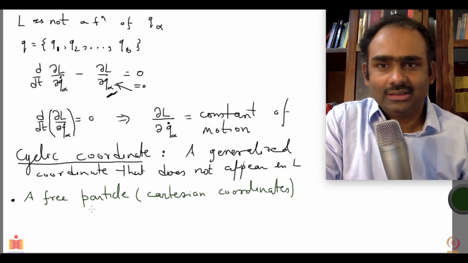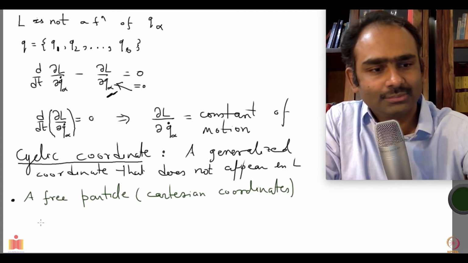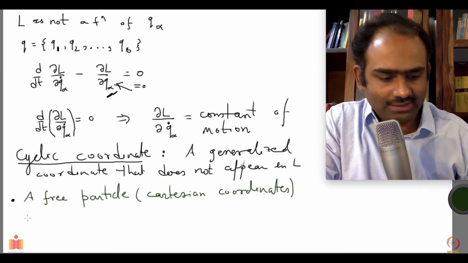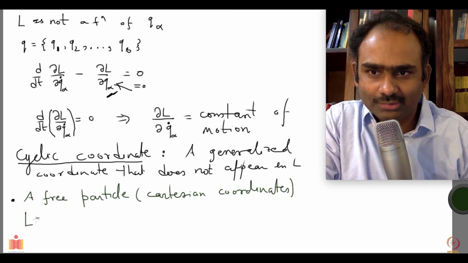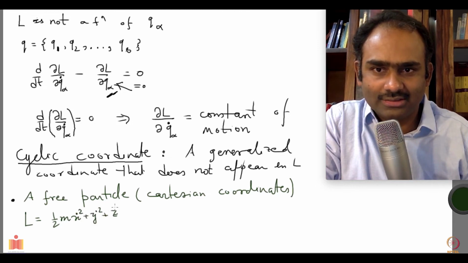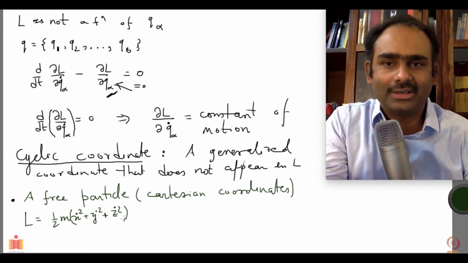So what's the Lagrangian? The Lagrangian in this case is, as you already know very well, half m times x dot square plus y dot square plus z dot square. And you see that the coordinates x, y and z do not appear in the Lagrangian.